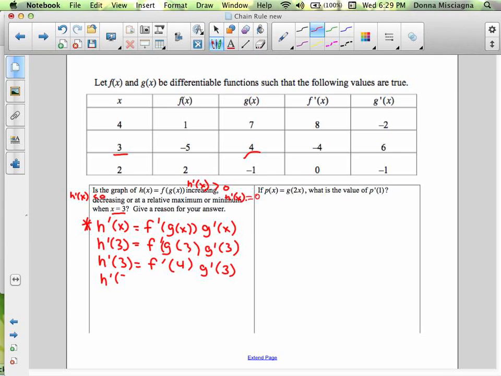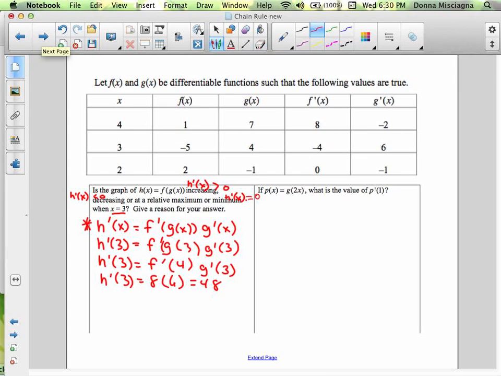So h prime of 3 equals, so f prime of 4 is going to be 8. And g prime of 3 is 6. So that is equal to 48. All right, so I'm going to erase all these random lines.